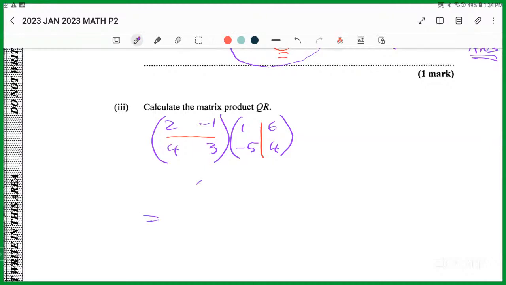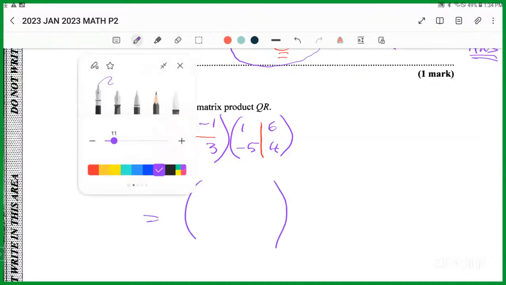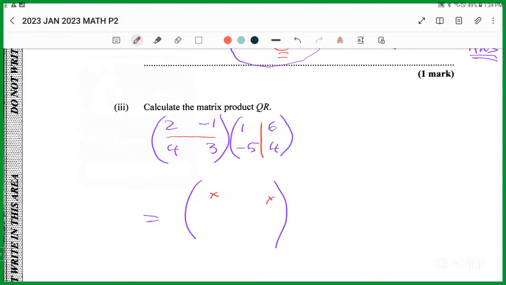It's going to be equal to a 2 by 2 matrix, 4 values. A 2 by 2 and a 2 by 2 give back a 2 by 2. Let's go through the process again. This value here is positioned in the first row and the first column.